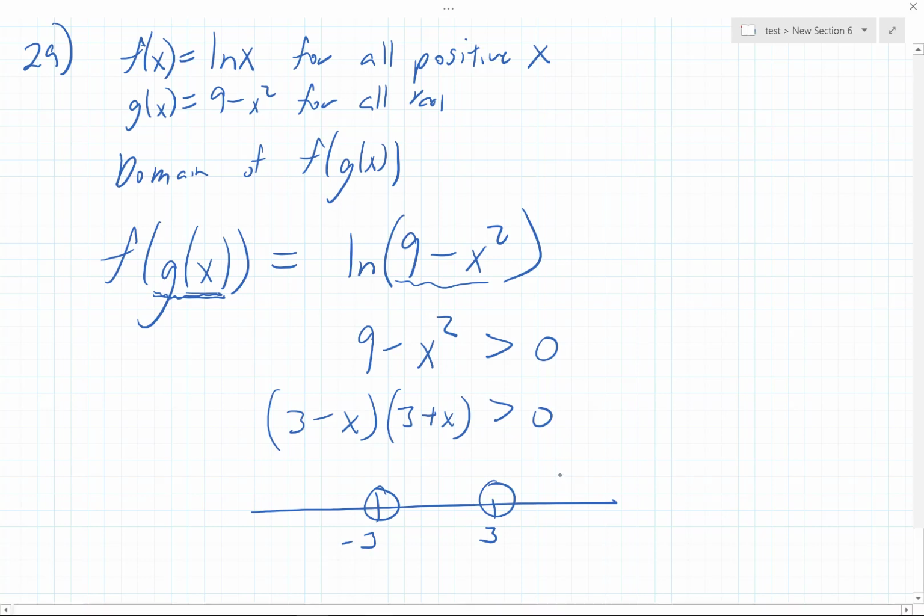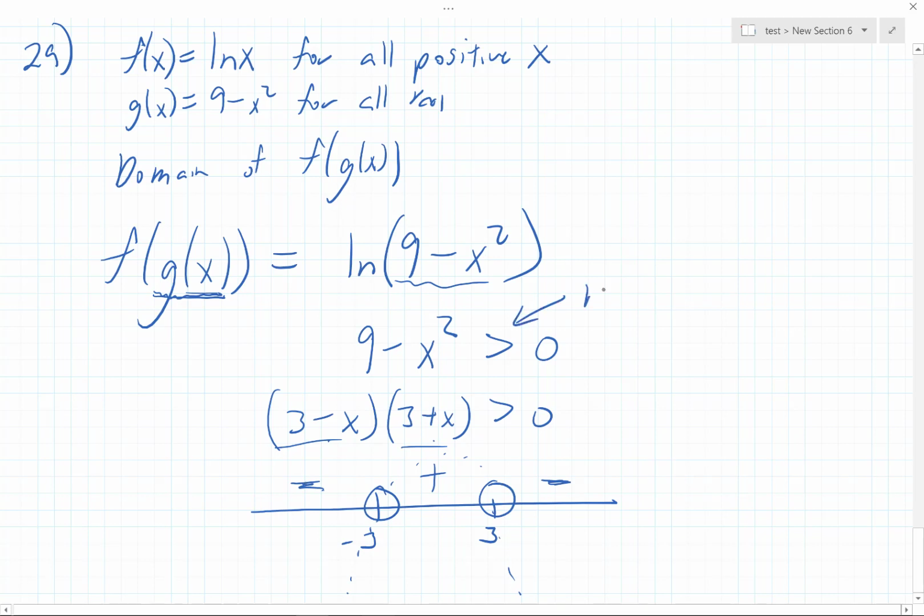So if I plug in anything bigger than 3 into this, like 100, I'm getting a negative times a positive. I'm negative over here. It'll alternate on down, or you could picture the upside down parabola graph going like that, so that it's negative over here and negative over here.